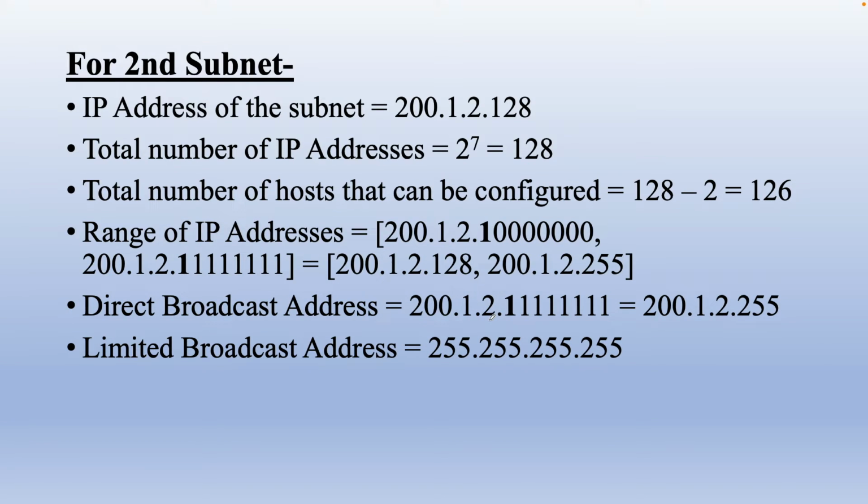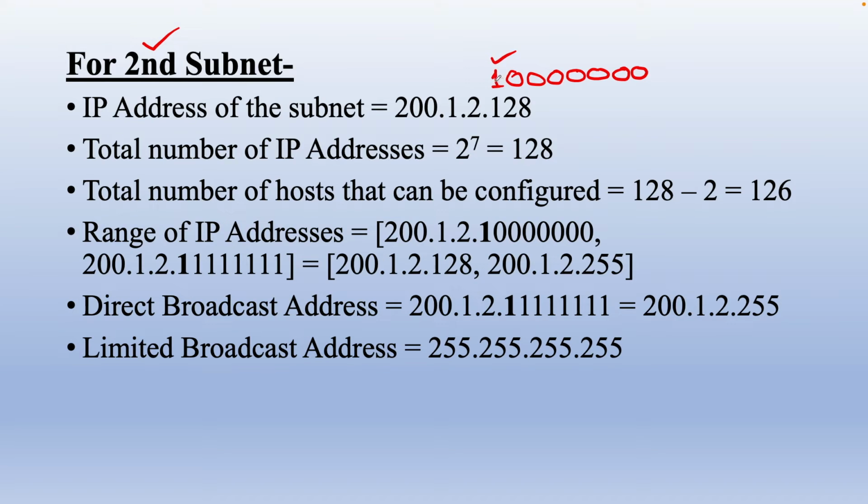For the second subnet we can do the calculation similarly. Here this octet is 1 followed by 7 zeros, so this is 128, because the first position is fixed as 1. For the second subnet we saw that 1 is fixed in the 7th position, that is, 8 bits were there from 0 to 7, and 1 is fixed here.